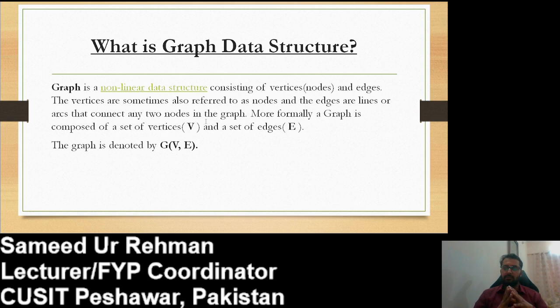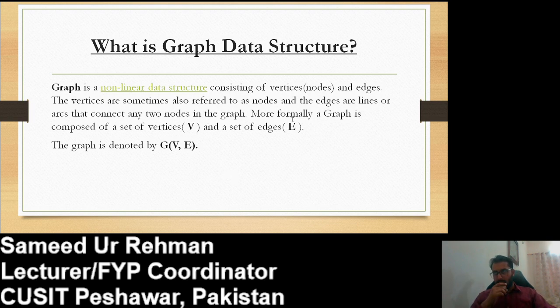In simple terms, there is a data point which is called a node, and between two nodes there is a connection, a path, a relationship that can be represented as edges. So edges are the representation of the relationship between two nodes, and nodes are the endpoint or a data point.